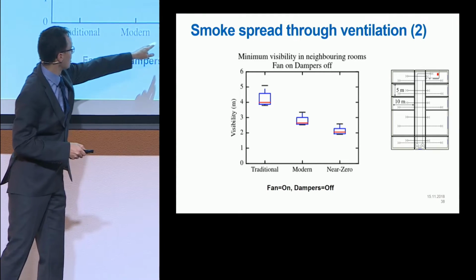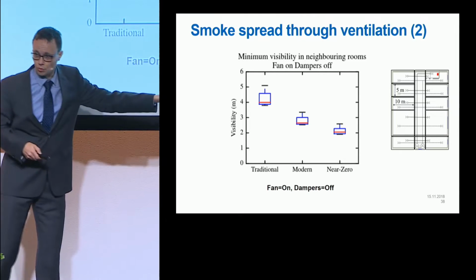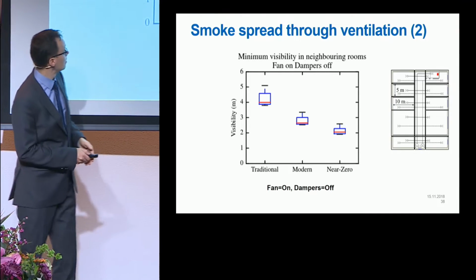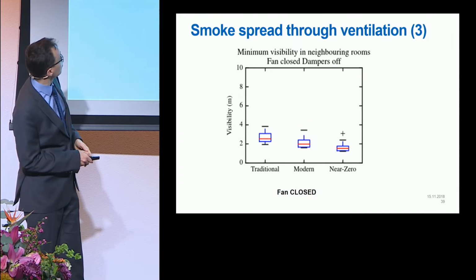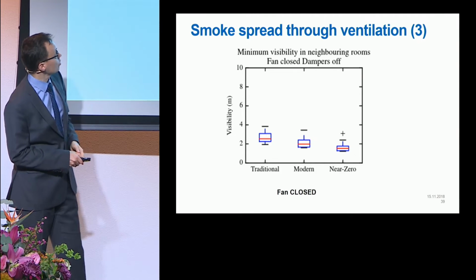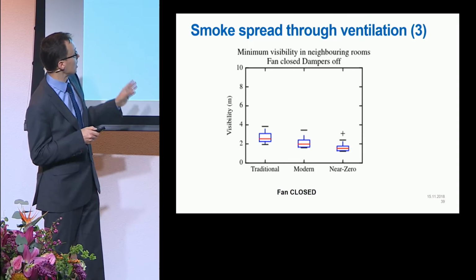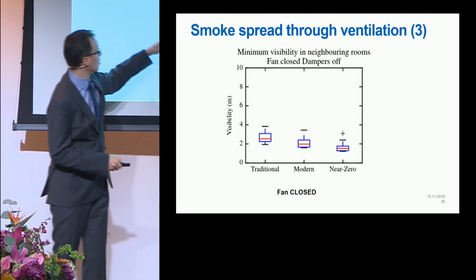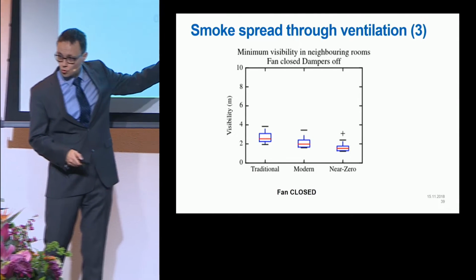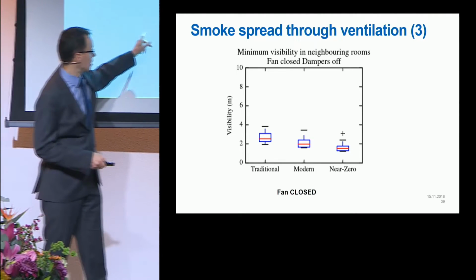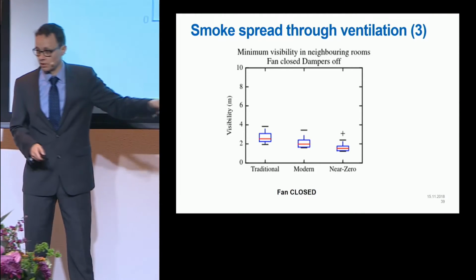In near zero buildings, it would go down to about 2. If we close the fan, and I will tell what it means, and we have no dampers, the visibilities will go to about 2 meters in all the cases of the envelope.